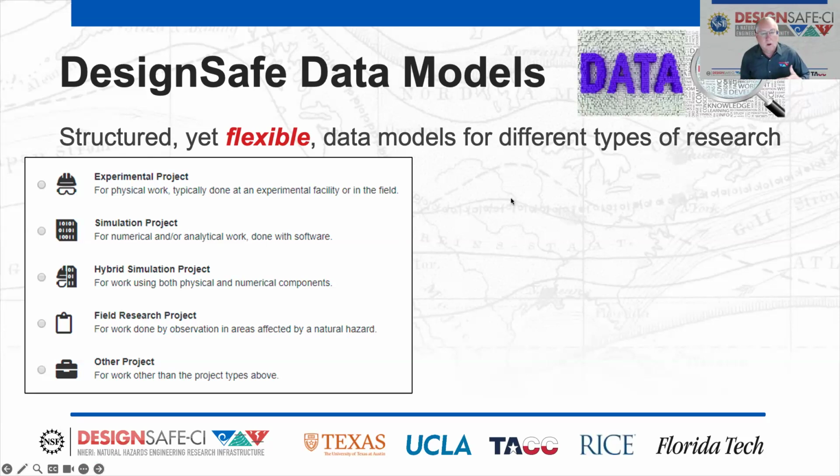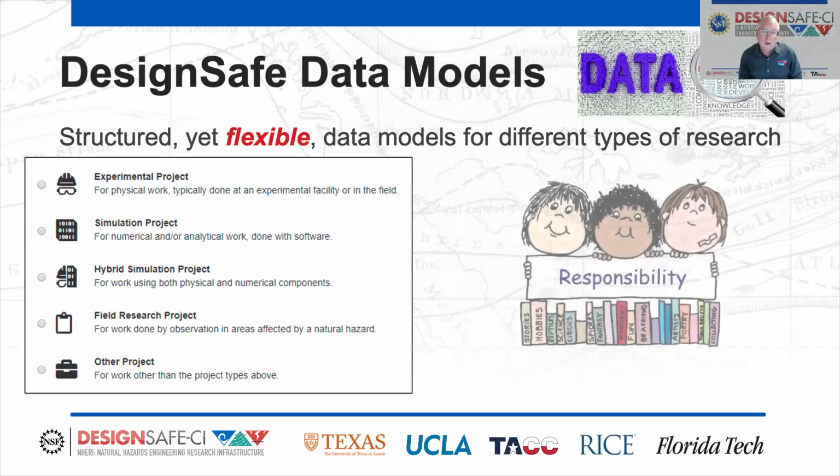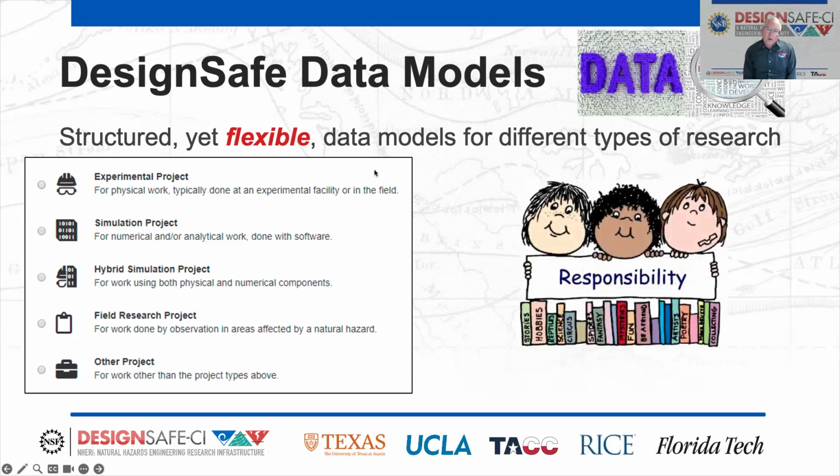So all of these data models were developed, and all of the background and understanding of what these are, we have user guides, and I'll talk about that in a minute. So we say these are structured but flexible. We don't force you. There are a few pieces of metadata that are required. If you're doing experimental, you're going to have a model.